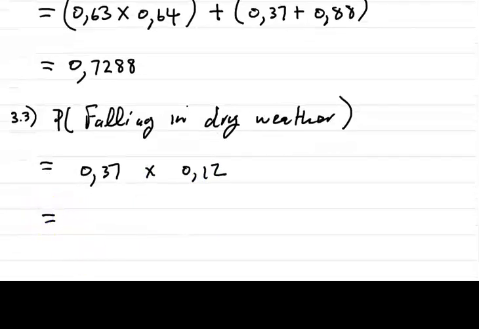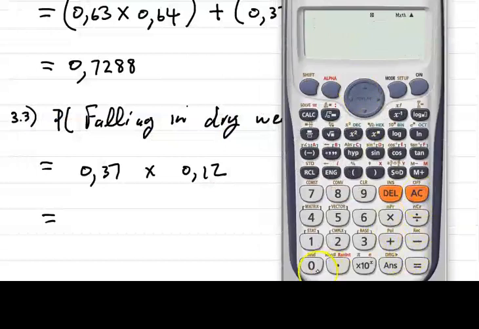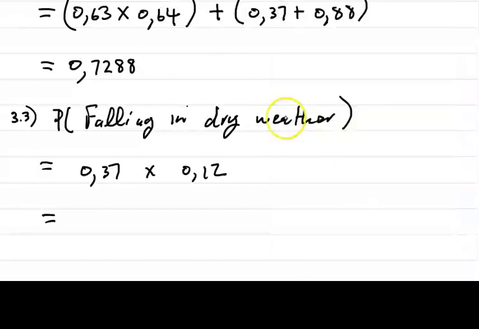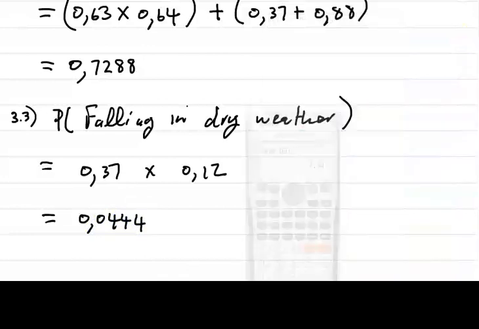Let's calculate that. 0.37 times 0.12, and that's equal to 0.0444. And if they asked us for a percentage, then we'll say times 100, and that's equal to 4.44% chance of falling in dry weather.